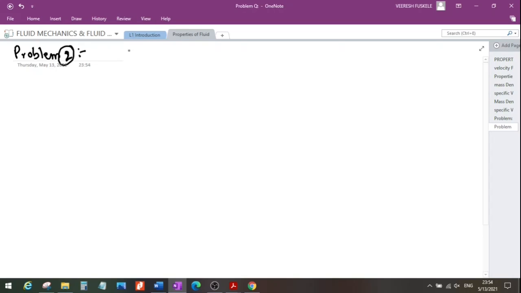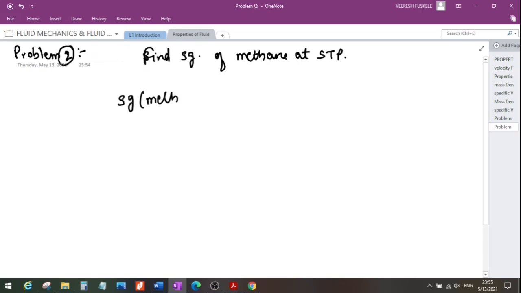Suppose we need to find out the specific gravity of methane at STP. Right? So again, we can use the table which we just saw. Here we can write down the specific gravity of methane will be equal to density of methane divided by density of air at STP.